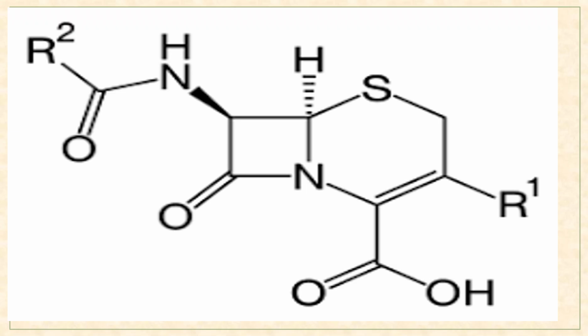Sulfur is present at the first position and nitrogen at the fifth position, and the third position is substituted by different groups, designated here as R1. At the fourth position a COOH group is present, and as usual we have the seventh position substituted with an acyl amino side chain, and at the eighth position a keto group is present.